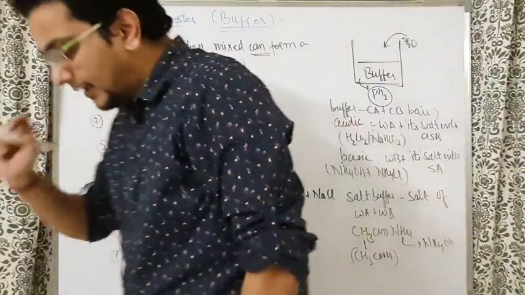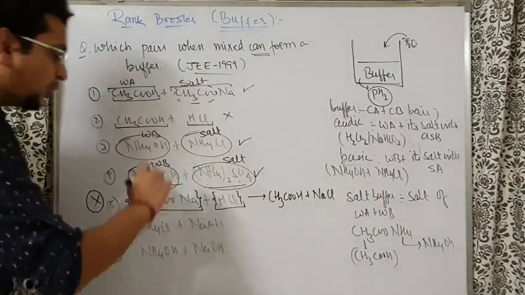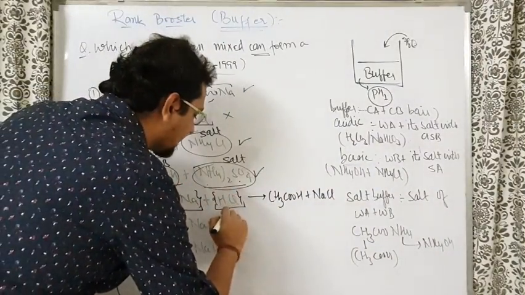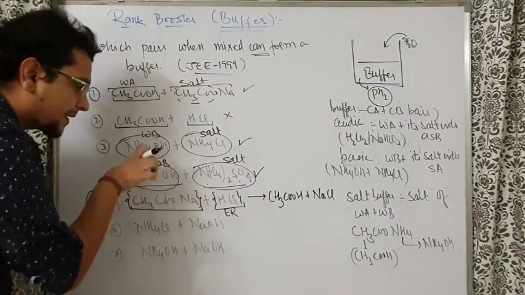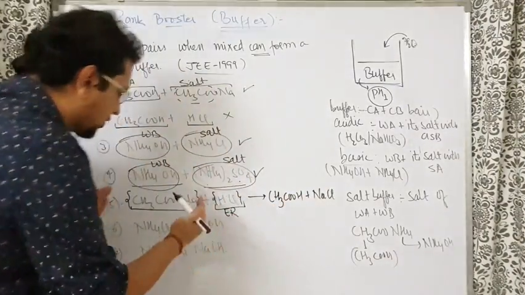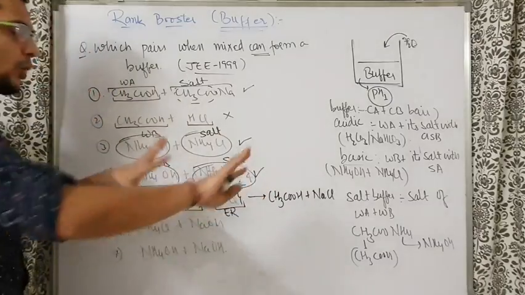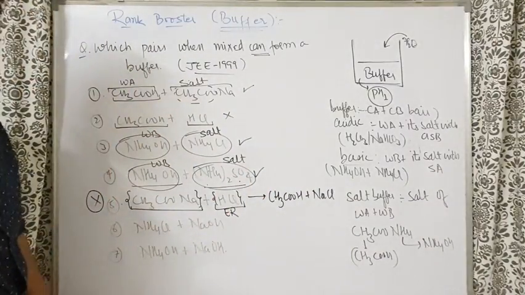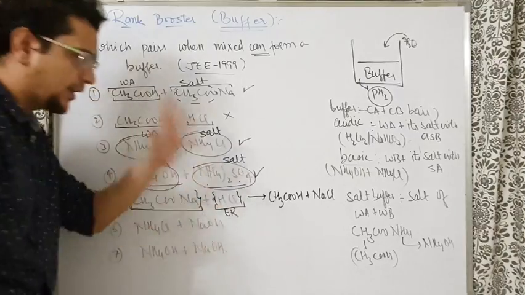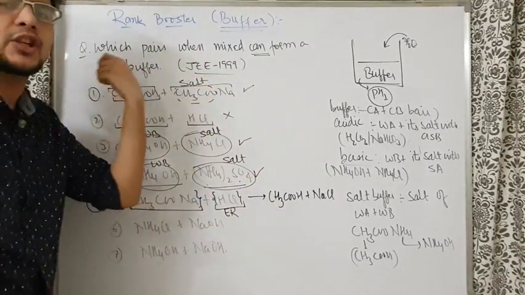Now, think about the constrained condition. If you have HCl as the excess reagent, HCl is more and sodium acetate is less, then by the end of reaction, sodium acetate will get over and HCl will be left. This cannot form a buffer because HCl will be left in the final solution after the reaction gets over.